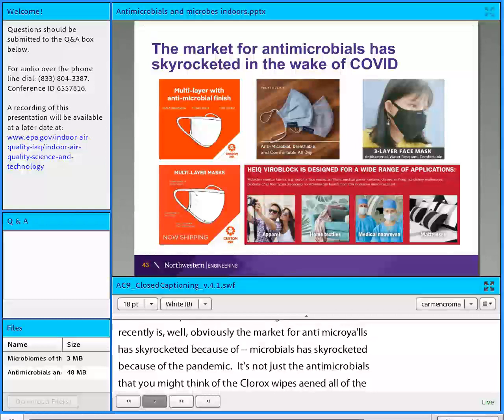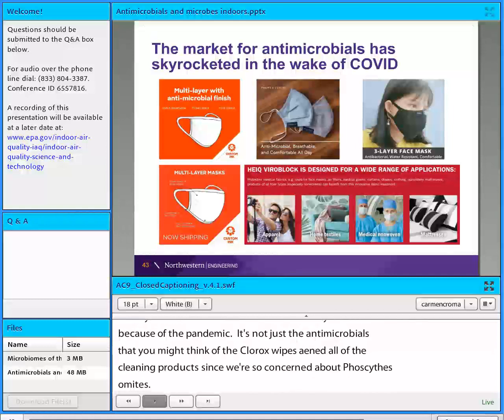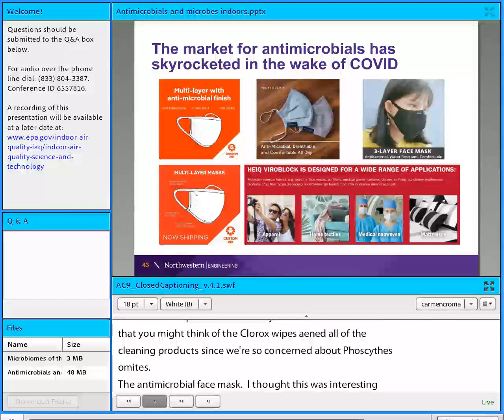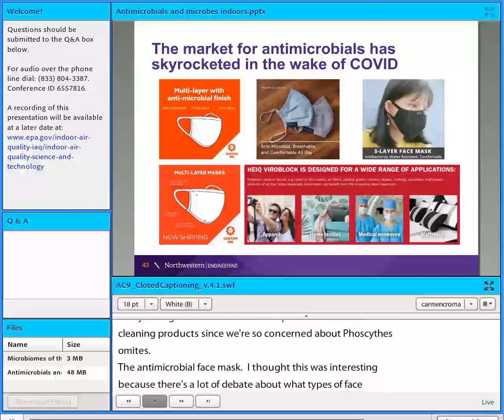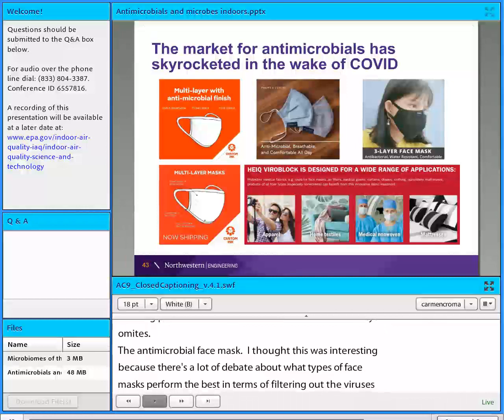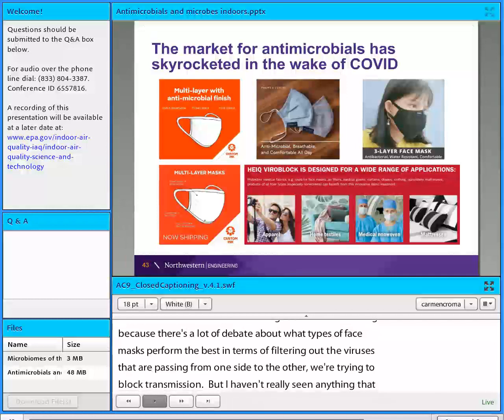One example that I found here is antimicrobial face masks. I thought this was particularly interesting because there's a lot of debate about what types of face masks perform the best in terms of filtering out the viruses passing from one side to the other, so trying to block transmission. But I haven't really seen anything that talks about adding an antimicrobial as an extra layer of protection.